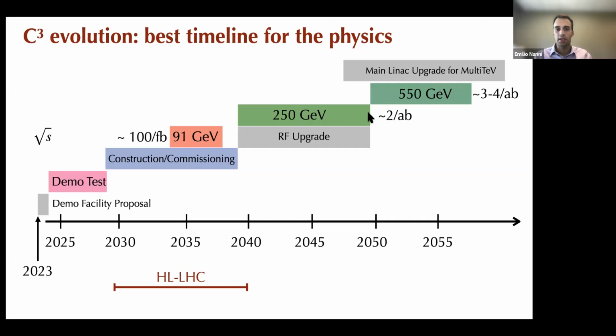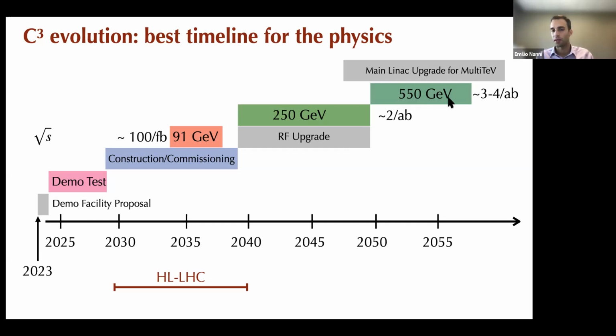Now, one of the interesting things that we'll talk about today is that we would construct the main LINAC in a way that it would be operating at a lower gradient, and you could be upgrading the RF power that was available in parallel. So while the LINAC is producing the Higgs for study at 250 GeV center of mass, by the time you finished this 10-year program, you would immediately be prepared to commission the machine at a higher energy, somewhere in the range of 500 to 600 GeV.